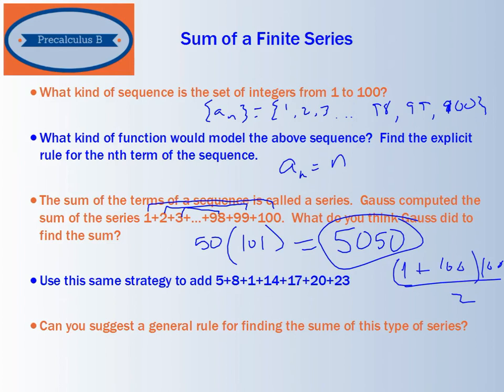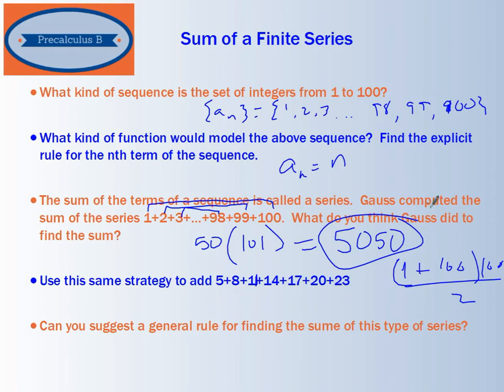And we could do that for any finite arithmetic series. So in this one, 5 plus 8 plus 11, plus 14, plus 17, plus 20, plus 23. Notice we're adding 3 each time, so our common difference is 3.